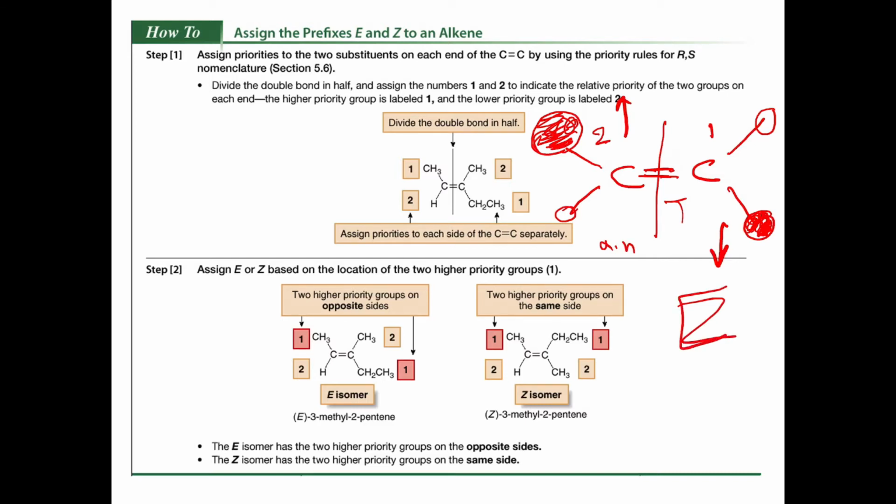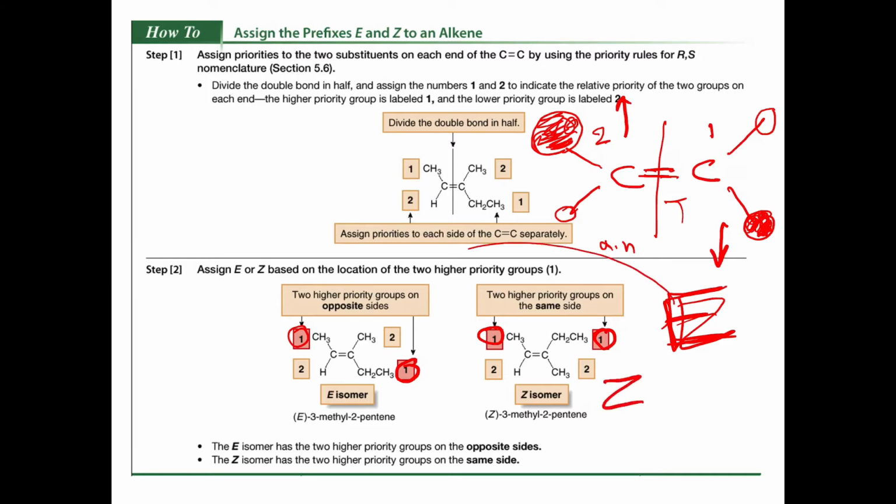Sorry, E, not Z. Trans E, because they are opposite. If the 2 higher priority groups are on opposite sides, it is E, trans. But if the 2 higher priority groups are on the same side, it is cis, Z structure.